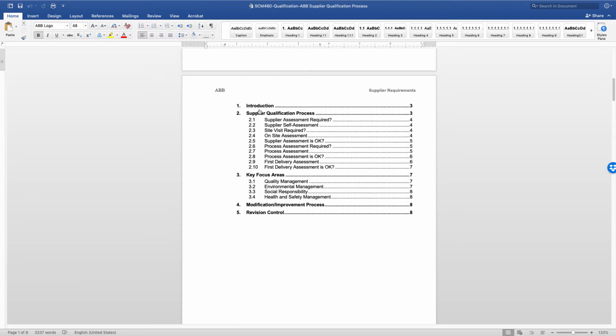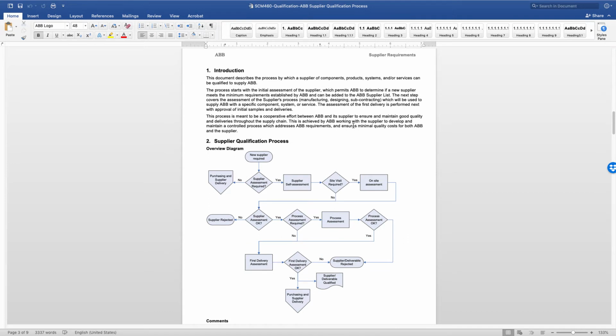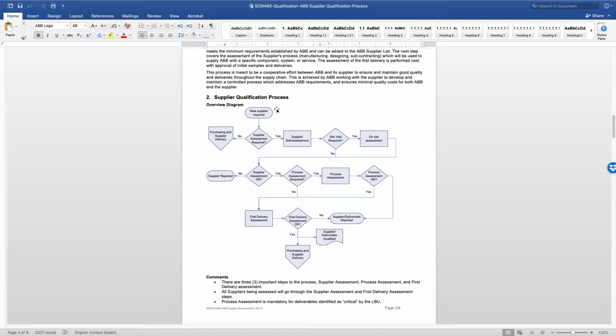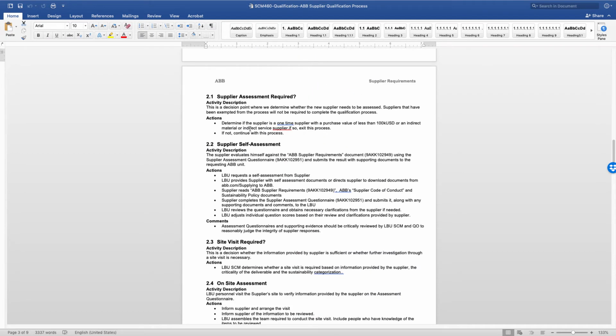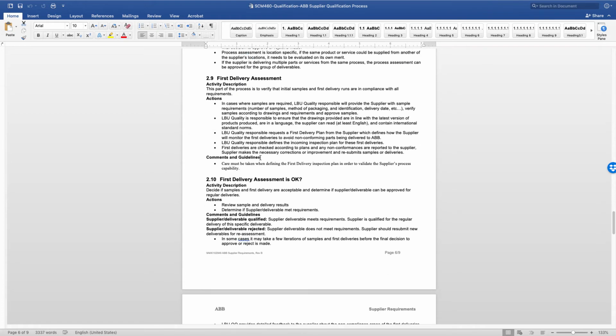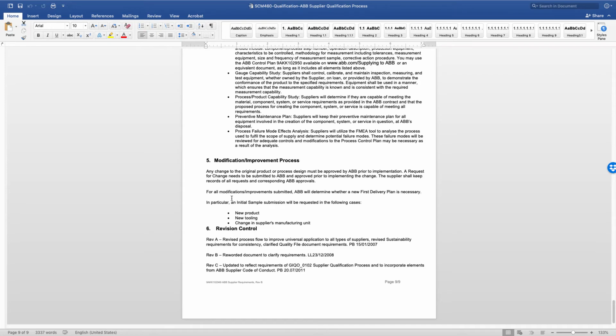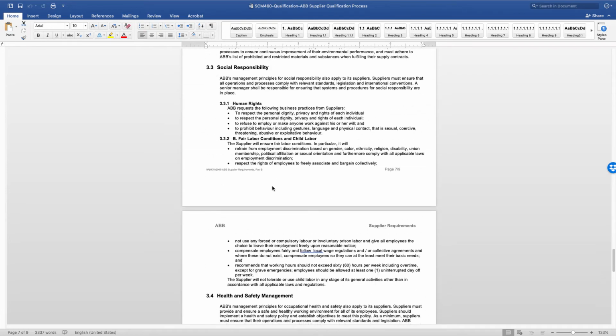Basically, in this manual, ABB describes, this is an internal employee document, so again, please be careful in managing that because it's a confidential document. So basically, they represent the qualification process. I will go in just to discuss in a minute what it means. And then for each phase, you see, there is a description of what each phase means for ABB. It's a manual of 9 pages, and there is the presentation.